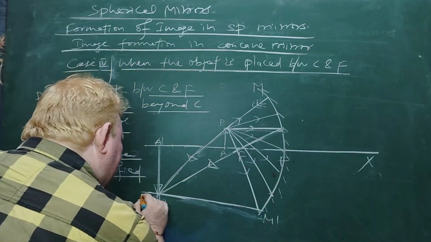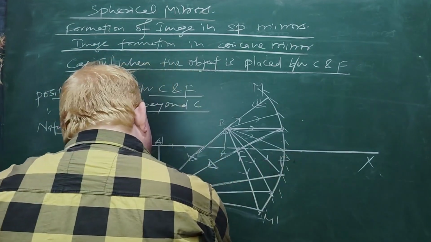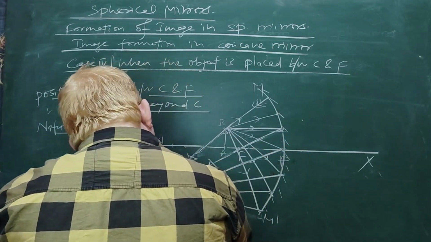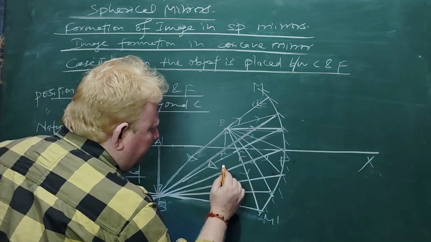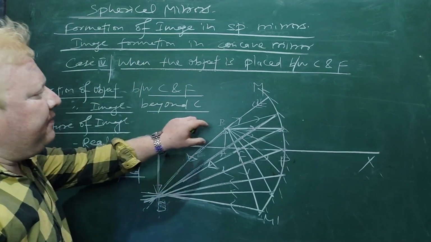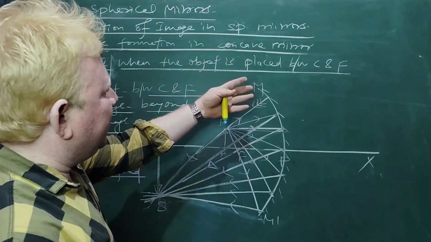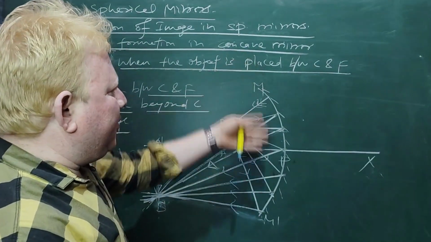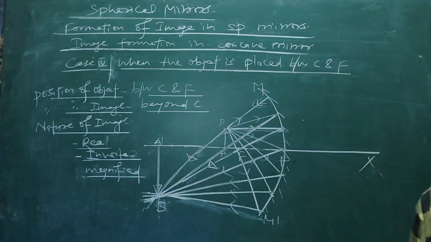Like that, other light rays after reflection will behave like this, and you can see how satisfying this looks. So if this is the object, then this is the image. No matter how many light rays you consider, after reflection all the light rays meet only there where the image is formed. Clear? Clear everyone?